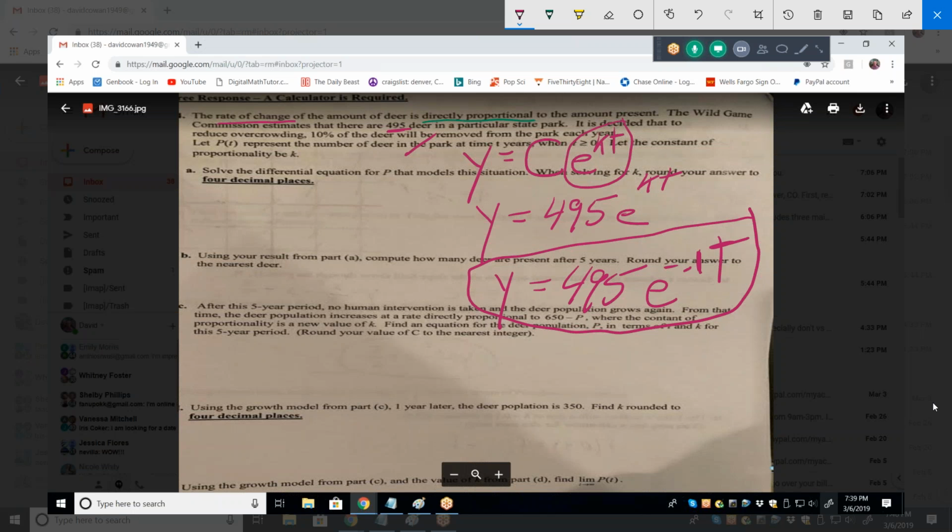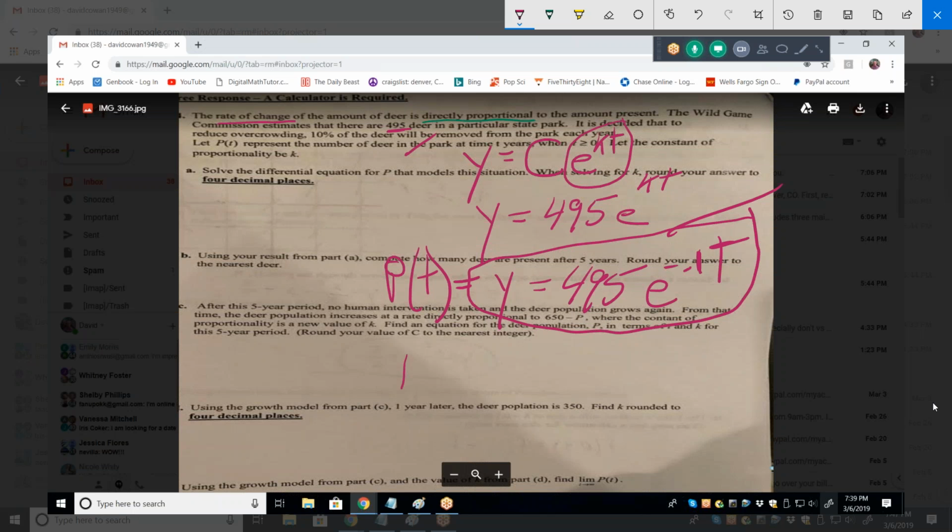Would P be equal to y? Yes. It would just represent what y is. If P of t represents the number of deer in the park at time t years, that's it right there. There's the equation for P of t.